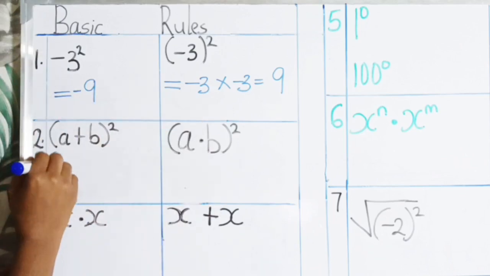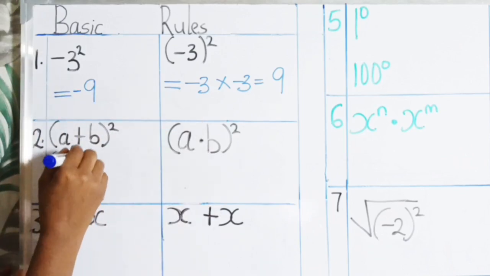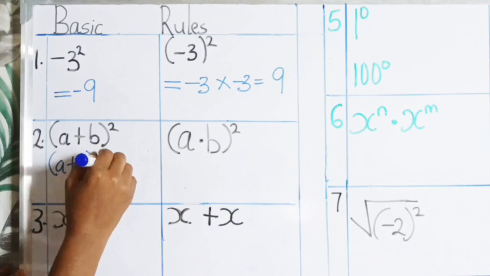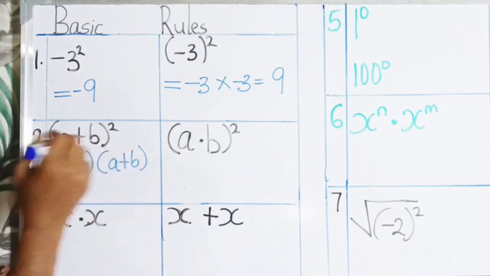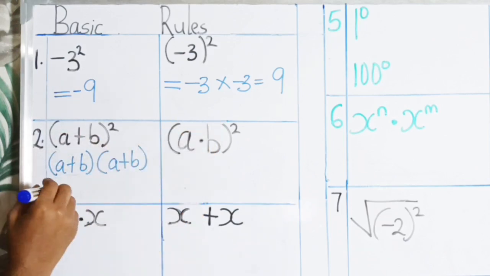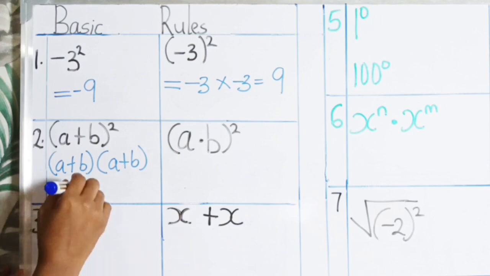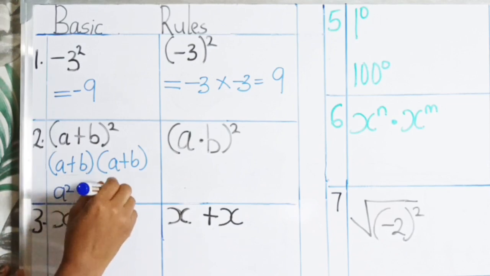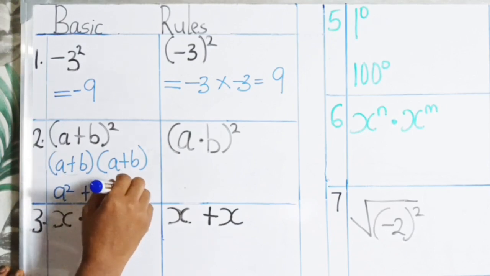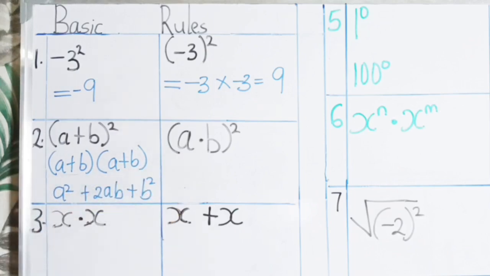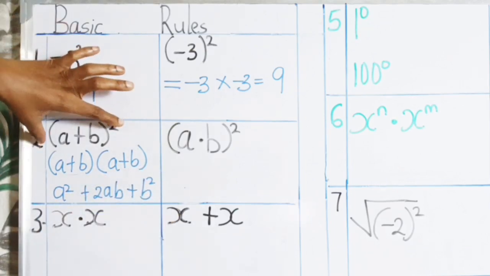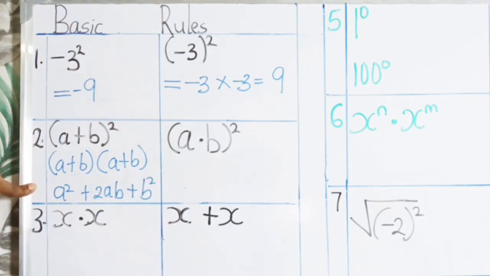Okay, let me write it out. So this is a plus b multiplied by a plus b. So if you multiply this out, you're going to have a squared plus 2ab plus b squared. So this expression here gives you this answer.